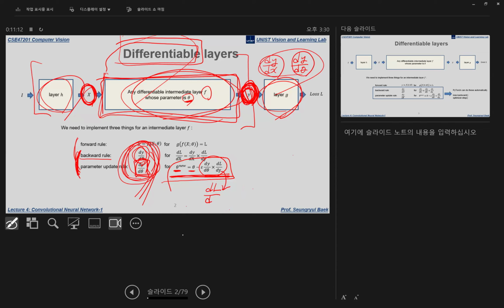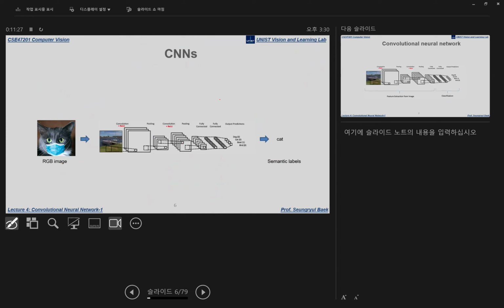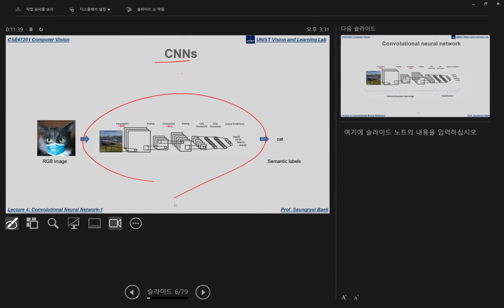Any differentiable layers could be there in between this input and output. But in the image domain, one of the successful differentiable deep architectures is the CNN, the convolutional neural network, which mainly has the convolution operation as its main operator.